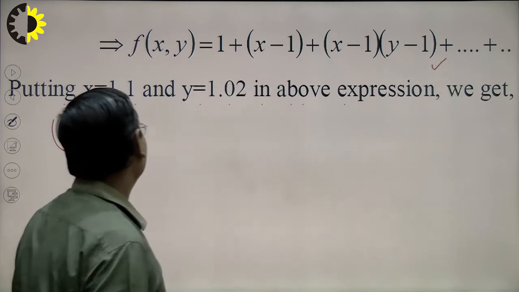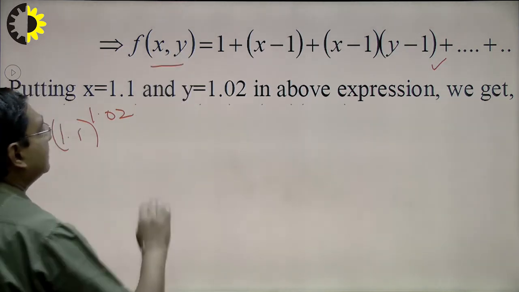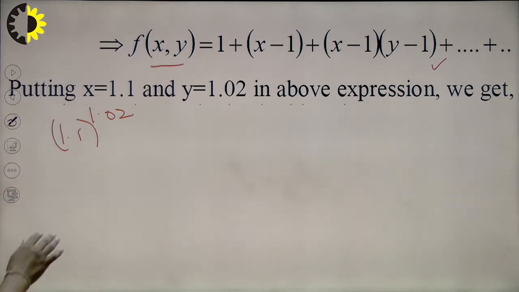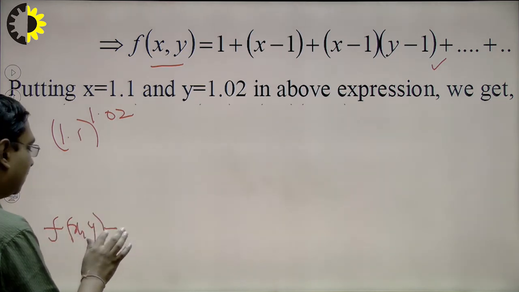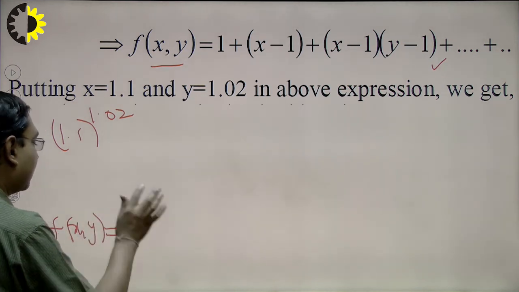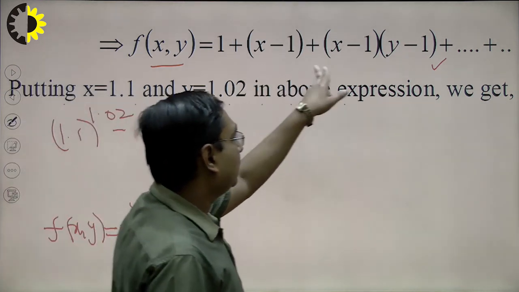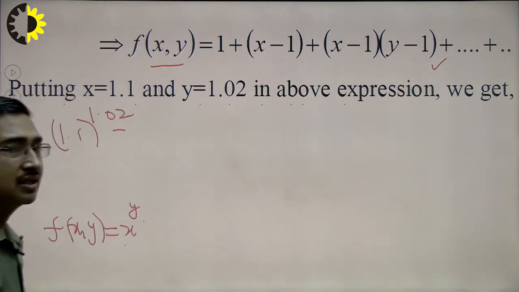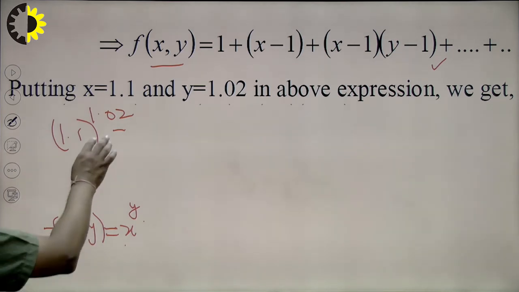We will substitute x as 1.1 and y as 1.02 in this expression, because f(x,y) is x raised to the power y. So x will be 1.1, y will be 1.02. Substituting those values in this expression of f, I will get the value of this term.